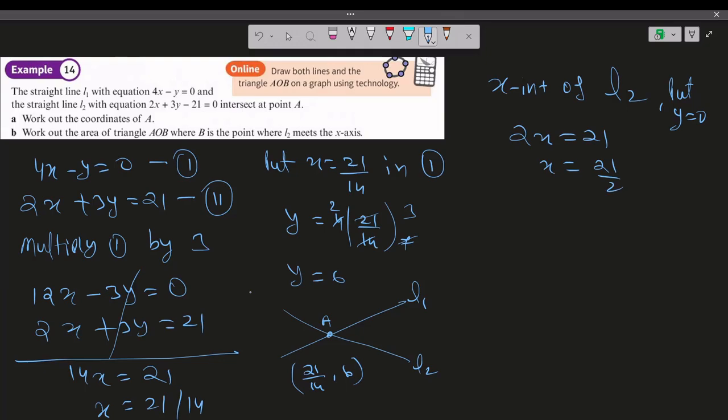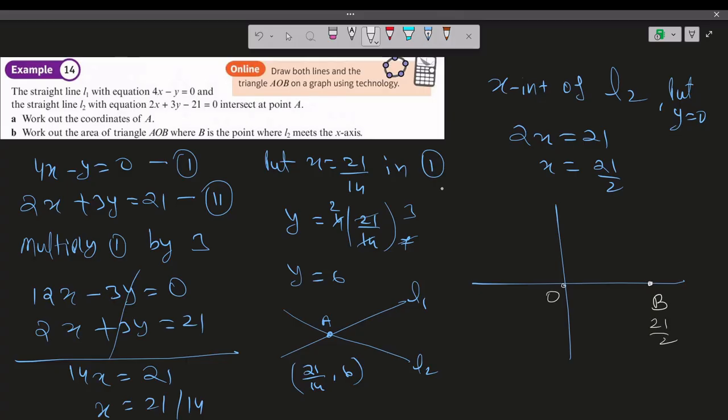Yes. So now we have a situation like this. Let us draw a coordinate axis. So lines L1 and L2. L2 is intersecting the x-axis at 21 by 2. This is point B, by the way, and this is 21 by 2.